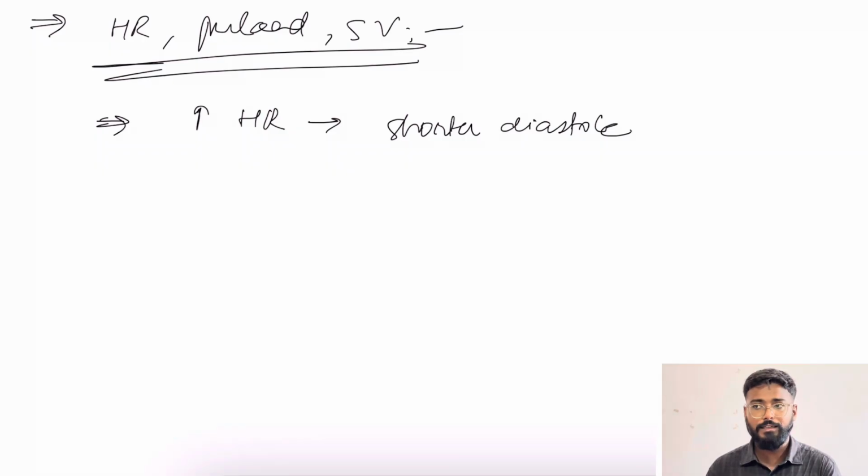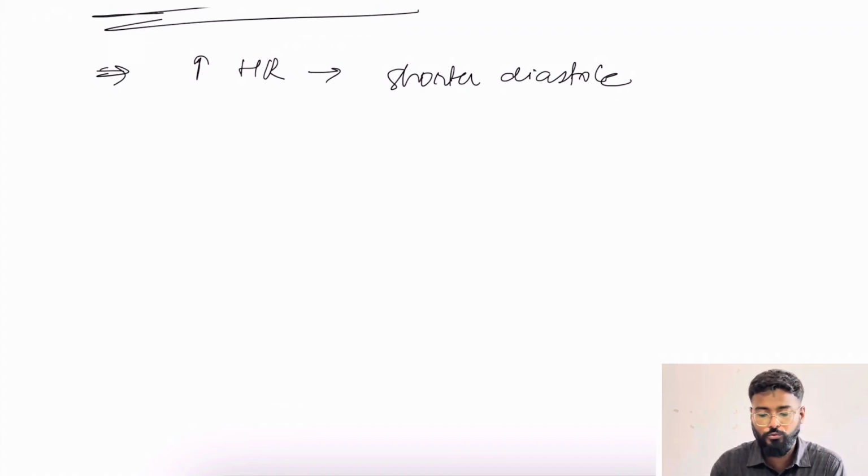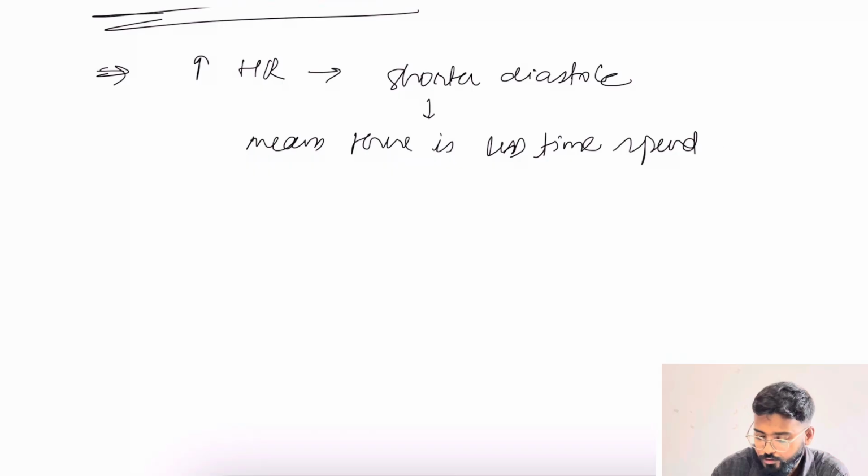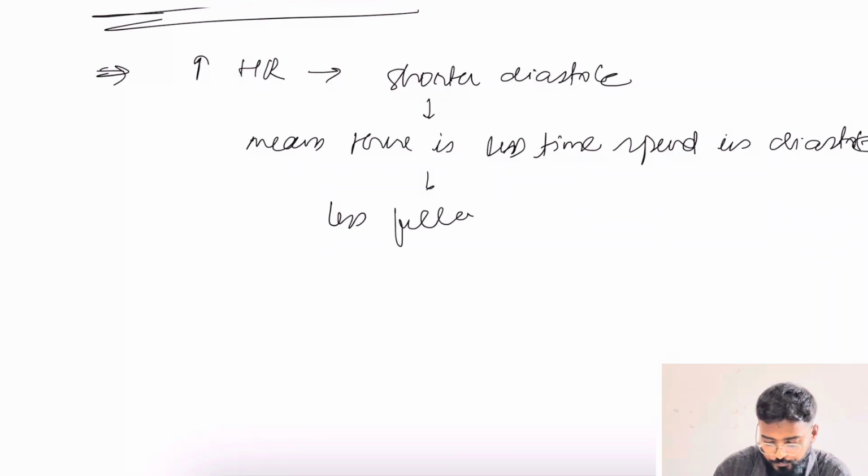So in any condition, the heart will want to preserve the stroke volume, so it is going to shorten the diastole. It's not actually possible to shorten the systole. So whenever there is shortening of diastole, it means there is less time spent in diastole. That means there is going to be less filling.